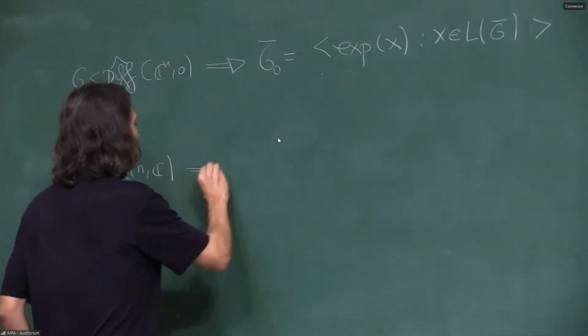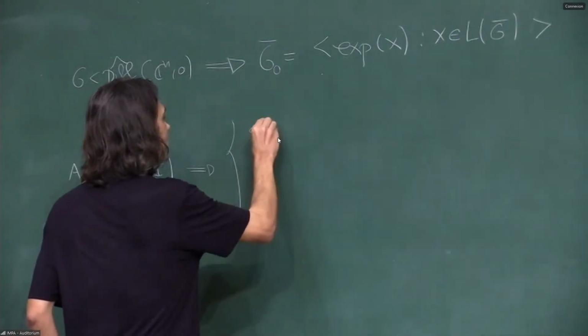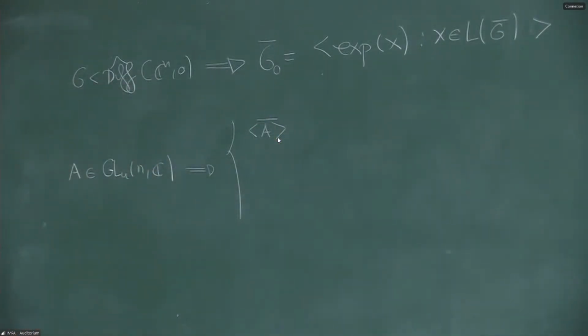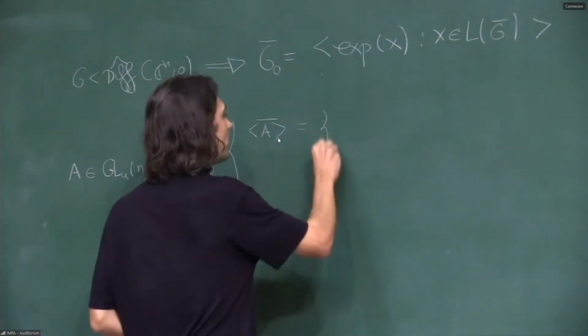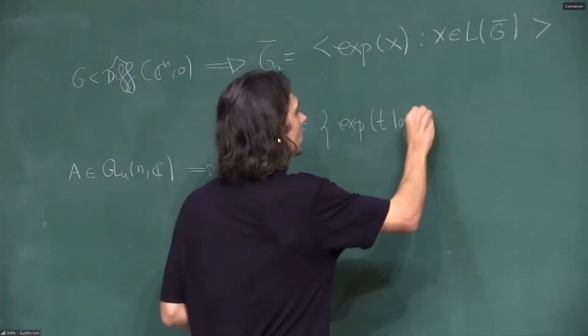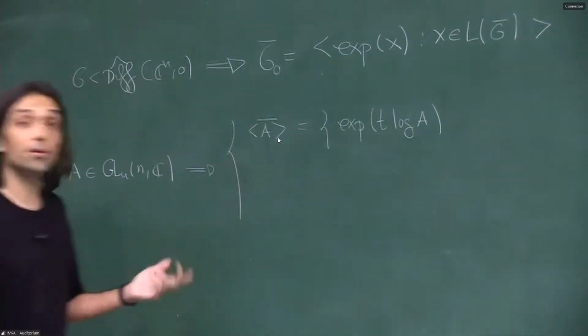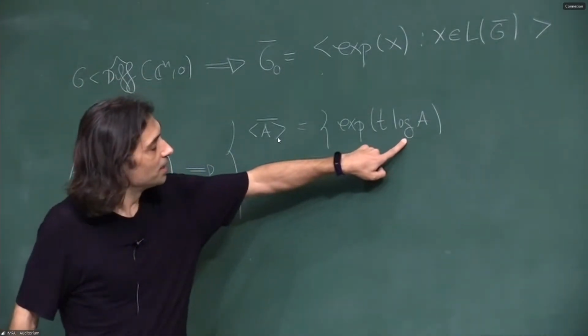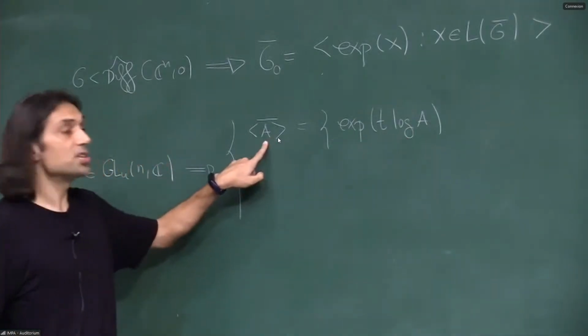So what things are you going to have? We already said yesterday that if you consider the Zariski closure of the group generated by A, this is going to be the one parameter group induced by the infinitesimal generator of A, which is the unique endomorphism that is nilpotent and whose exponential is A.